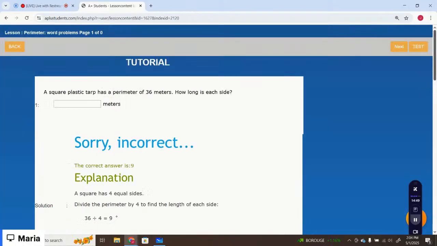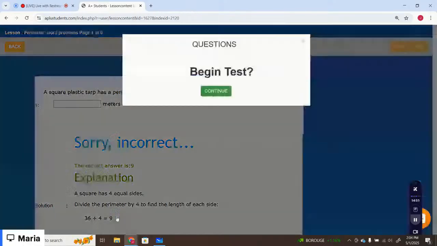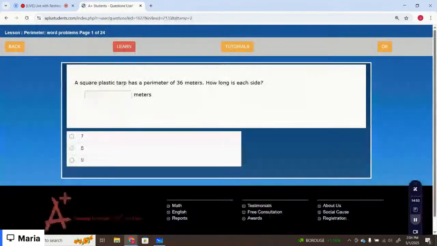Let's just start with the test questions. A square plastic top has a perimeter of 36 meters. How long is each side? That's the one we just did. So which is the correct option?